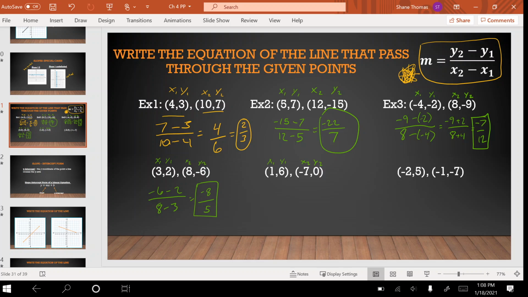What's my y2? 0, minus 6, over negative 7, minus 1. Okay. Top is going to be? Negative 6. Bottom? Negative 8. That simplifies to? Negative 3/4. Well, 2 negatives make a positive, so it'll be positive 3/4.